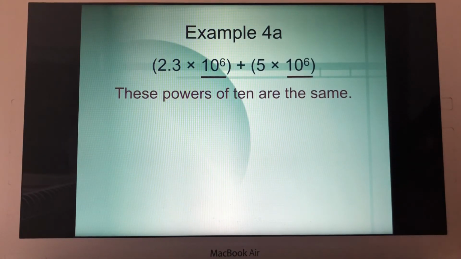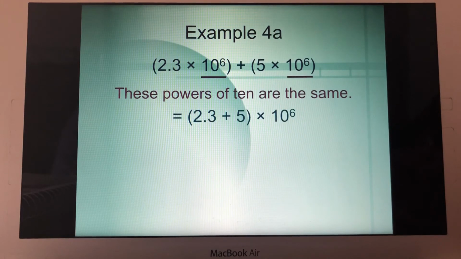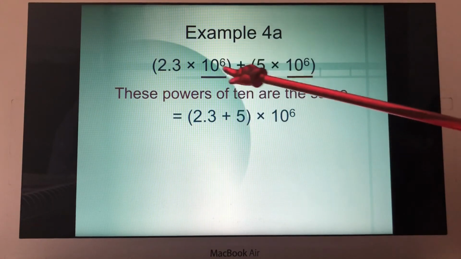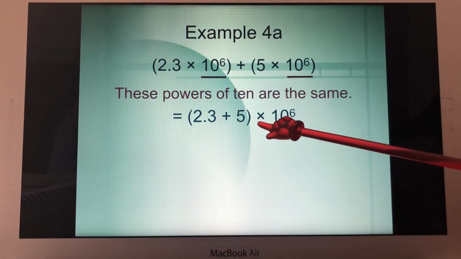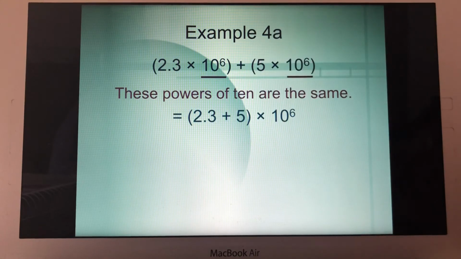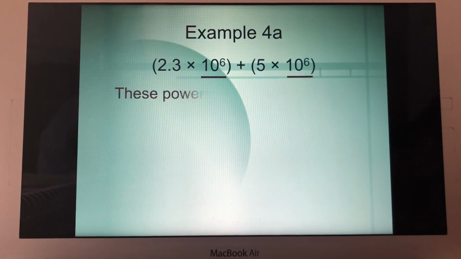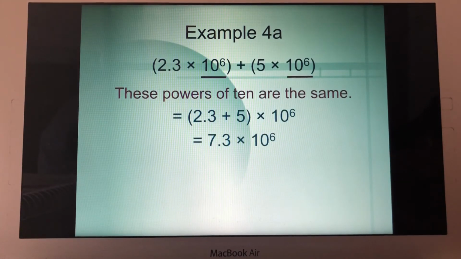Now we can add these two numbers together. We have 2.3 plus 5, and then times 10 to the 6th power. So 2.3 plus 5 gives us 7.3, and then times 10 to the 6th power, and then that was our final answer. Sorry, moved that too quickly here for you guys. There you go.